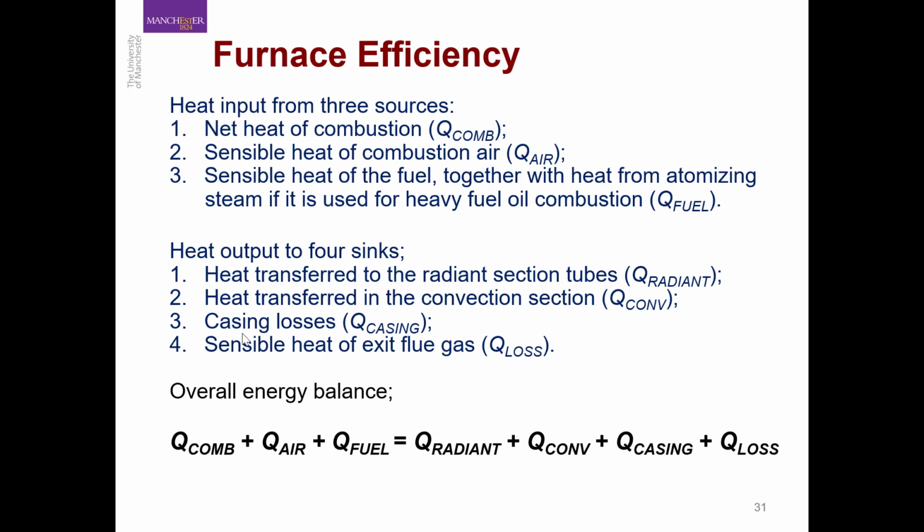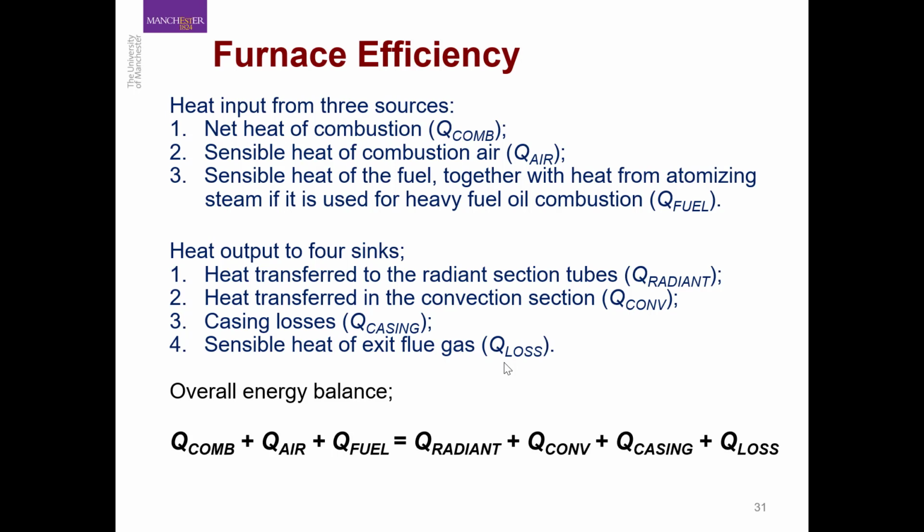Then we have some heat that is being lost to the environment through the casing. Okay, because we always are going to lose some part of the heat to the environment because of heat losses. Then we have some part of the heat that will be taken out of the furnace with the flue gas, so that is the enthalpy of the flue gas, so that is also going to be lost to the environment.